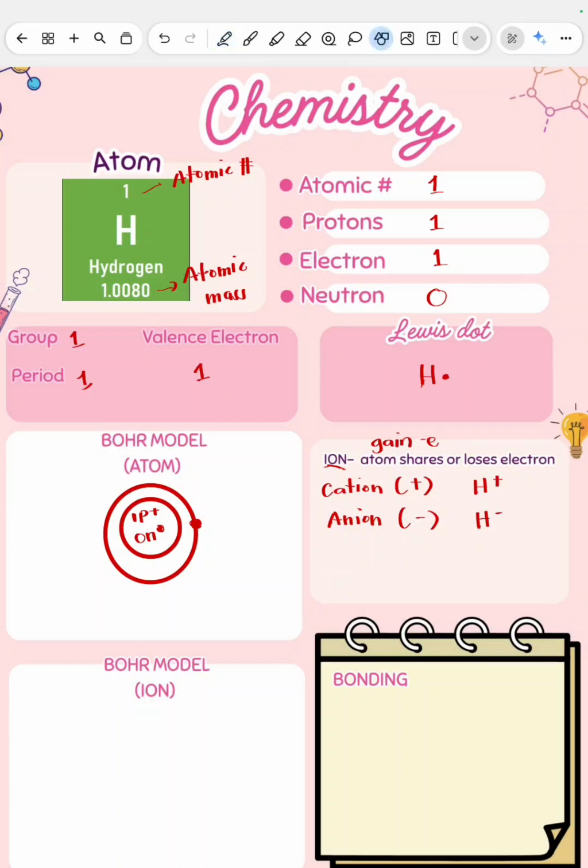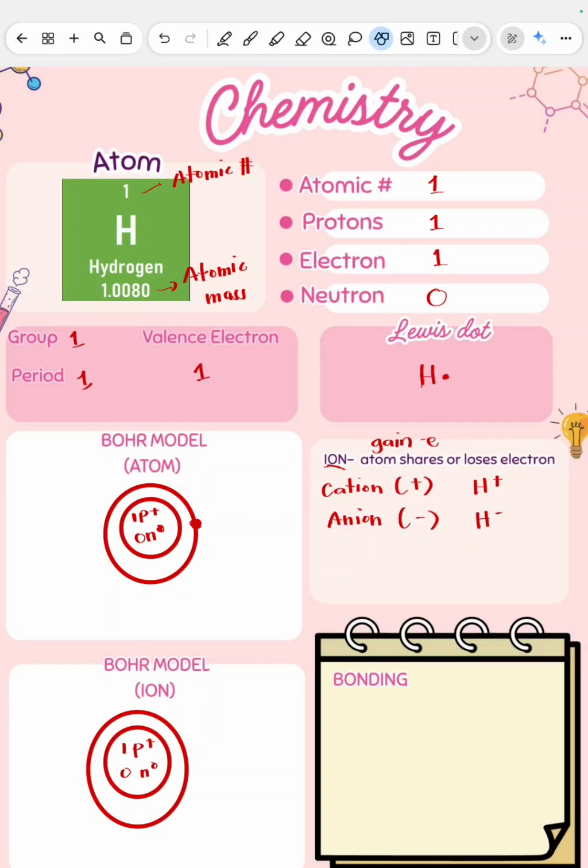The same process: at the center of the atom, there is a nucleus, and inside the nucleus, there are proton and neutron. So the same number, 1 for proton, 0 for neutron. It won't change at all. The one that will change is just the number of electrons. And then, period is only 1, so the orbital shell is only 1.